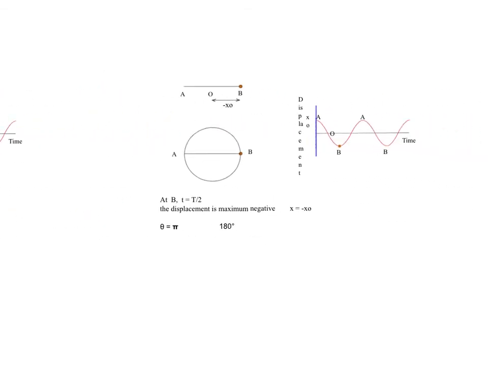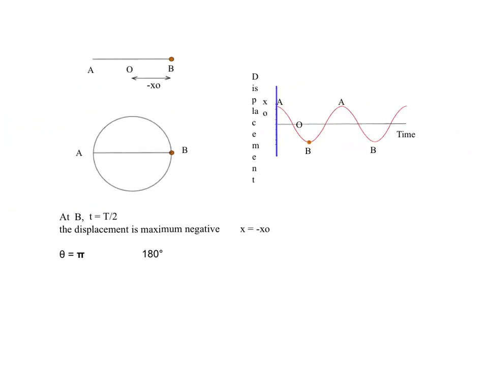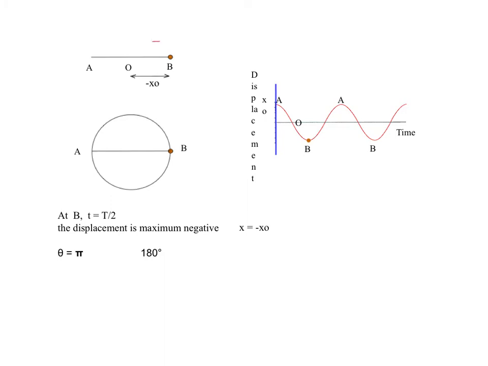Then when it completes half a period, it will be at its maximum negative displacement. Remember, we took this as positive, so that should be the negative. This is the equilibrium position. Now the ball is at B, so it has covered half of its path, and you can see it on the graph at this point B. This is after half a period, like we said.